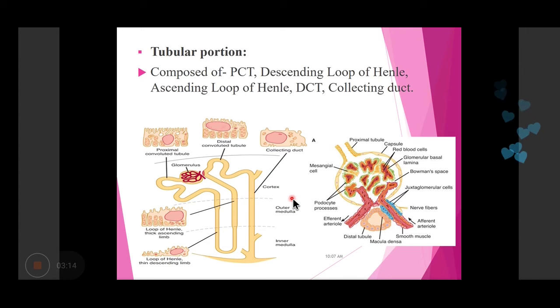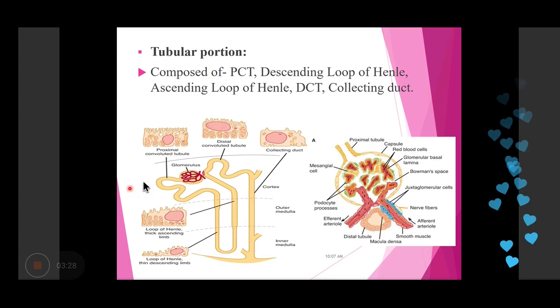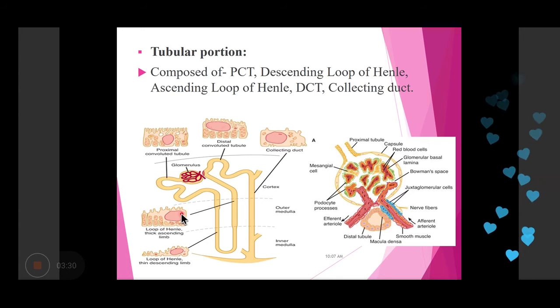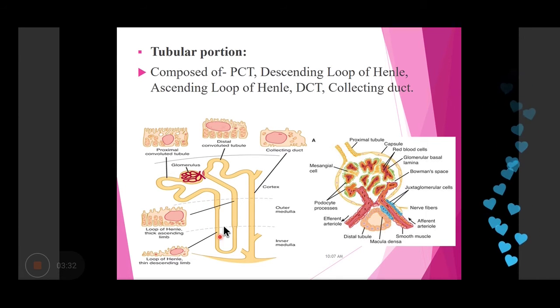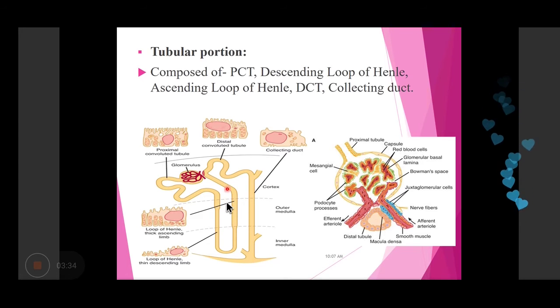The tubular portion, I think this also you all must be doing. There is a PCT, the proximal convoluted tubule, the descending limb of loop of Henle, the ascending limb of loop of Henle, the distal convoluted tubule, and the collecting duct. It's just a small revision.